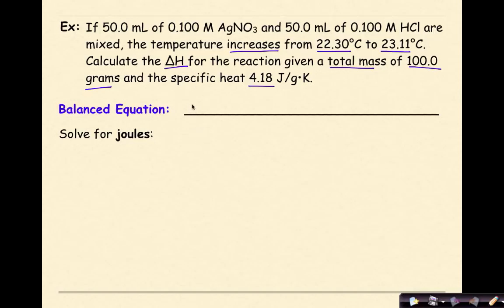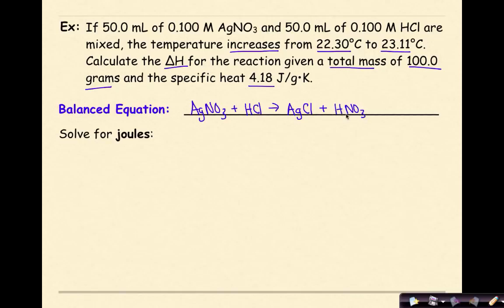So my first reactant is AgNO3, and my second reactant is HCl. One of my products here is going to be the insoluble AgCl, and then my other product is going to be HNO3.